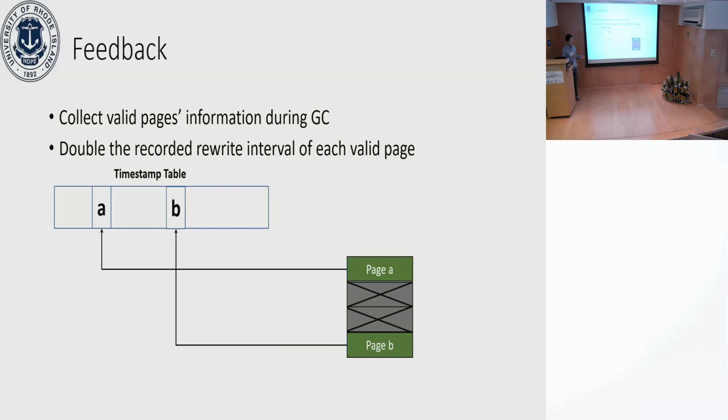This implies that the pages have a wrong grouping with other blocks. In this case, we punish these pages by doubling their recorded write interval, so in the future they will be grouped with other pages that have longer lifetimes.